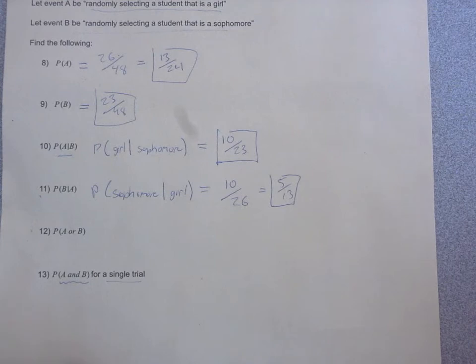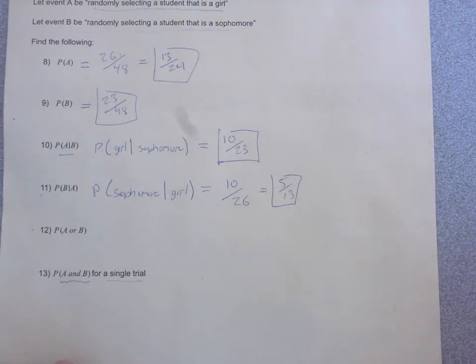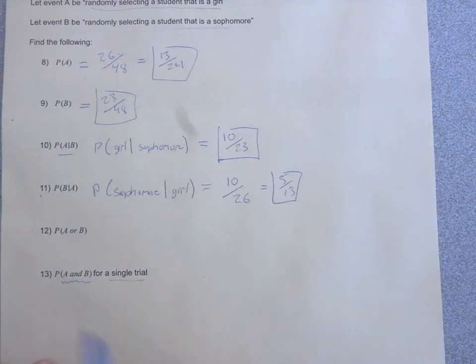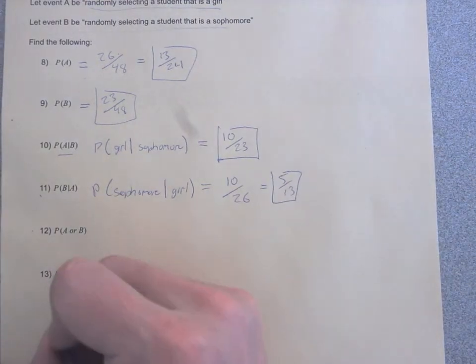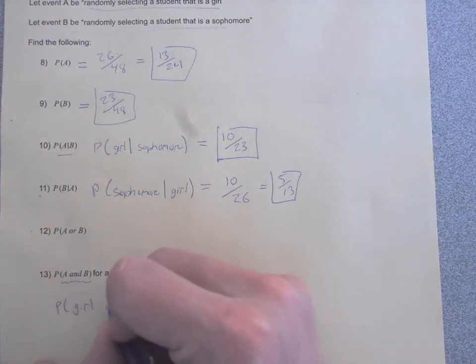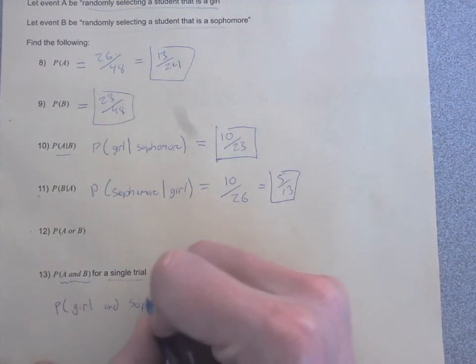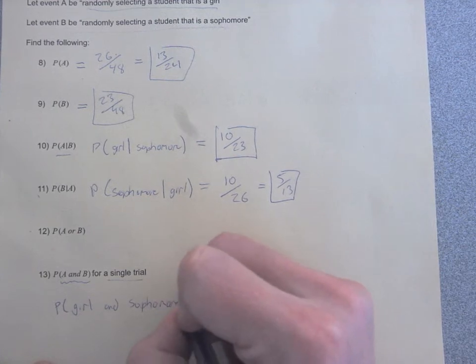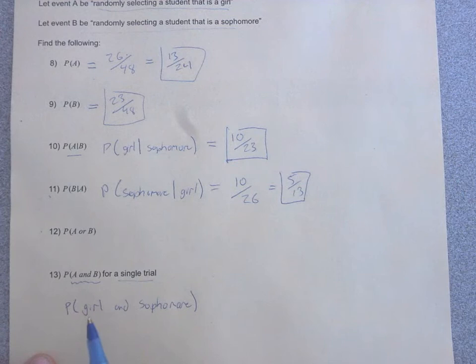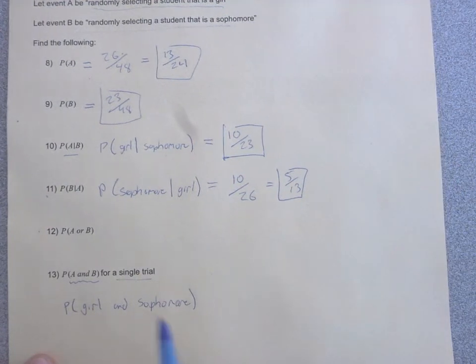So the thing that's a little bit confusing sometimes is trying to ask yourself, is this one trial or is this two trials? So when it says probability of A and B, or in other words, the probability of girl and sophomore, before we can answer that question, we have to know, is this like choosing a girl first and then choosing a sophomore?